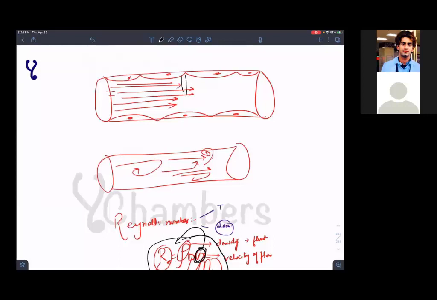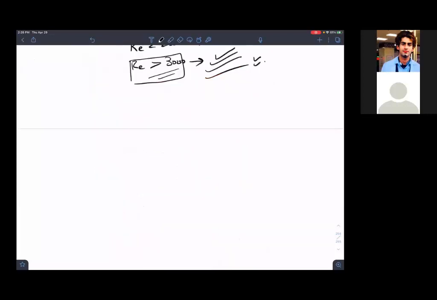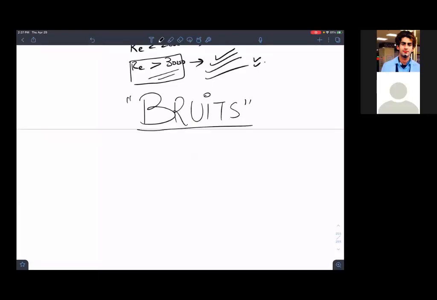Once you are increasing the Reynolds number, you are increasing the turbulence, and once you are increasing turbulence, you will have audible vibrations. Those are called bruits. Bruits are appreciated on this turbulence. So bruits are appreciated once you have a higher Reynolds number.